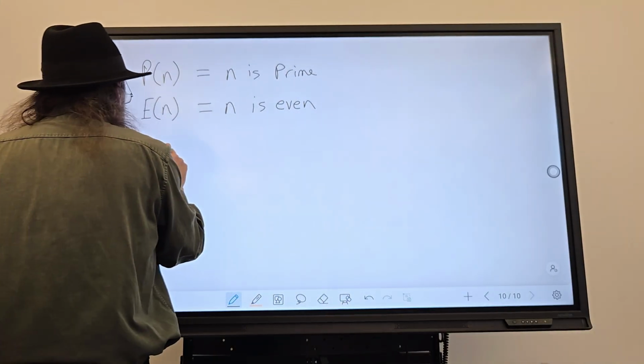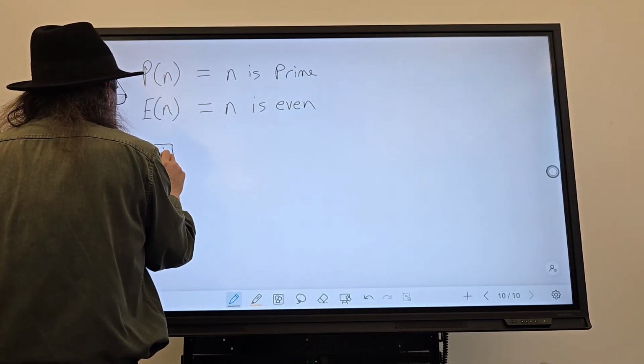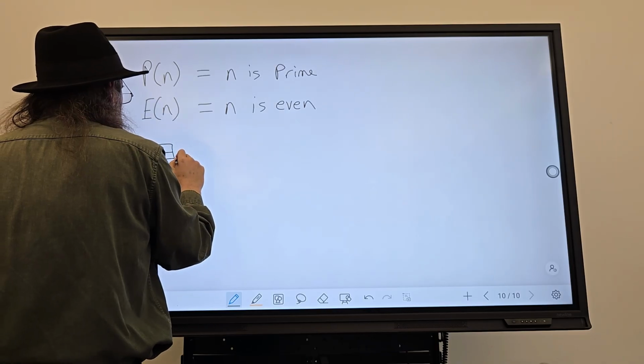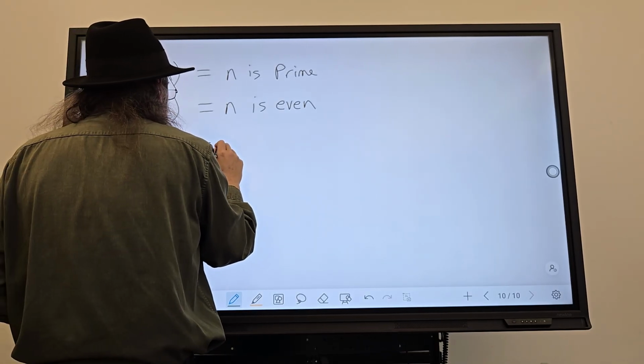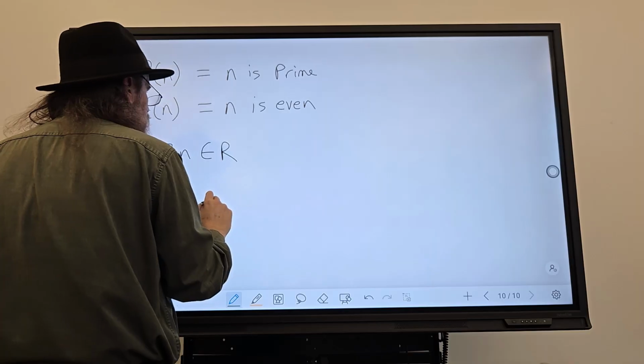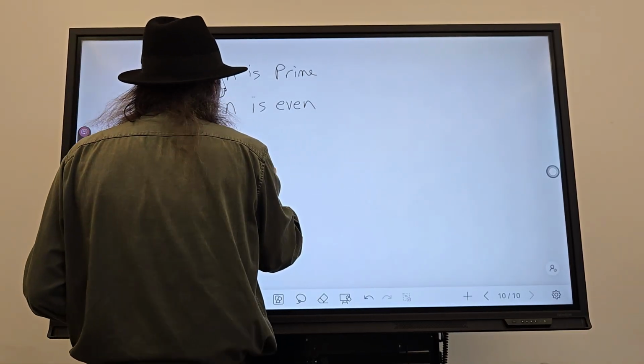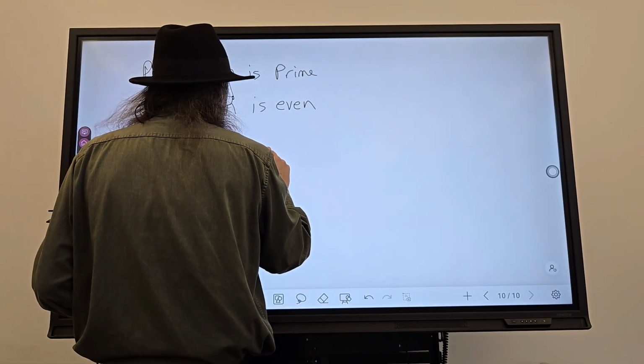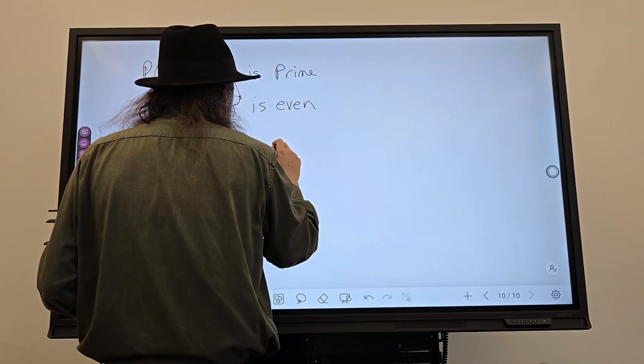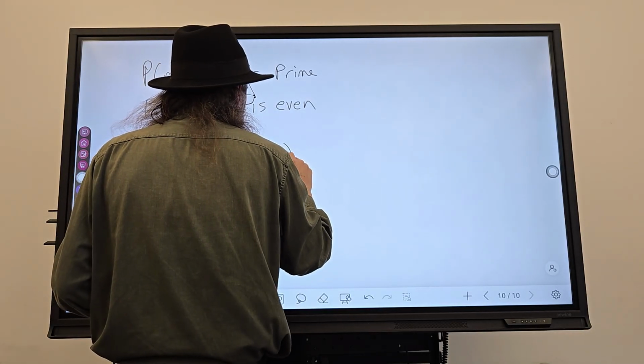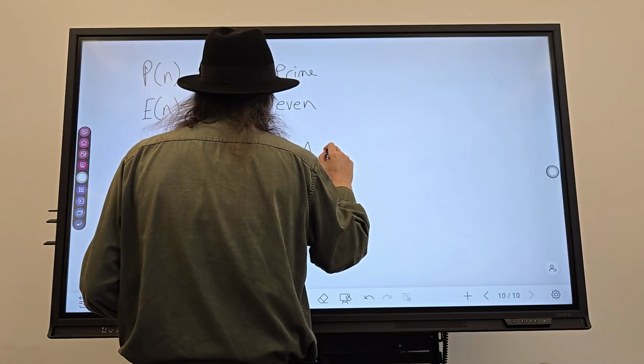There exists an n element of real numbers such that P of n and E of n.